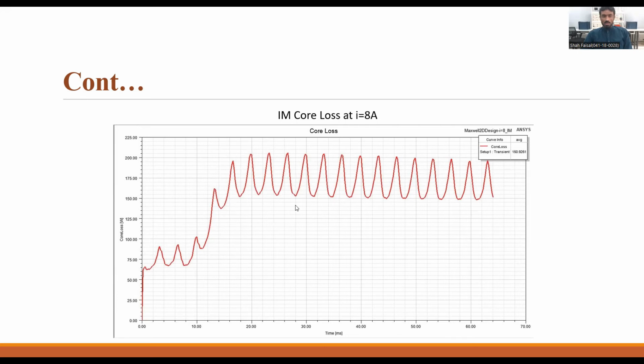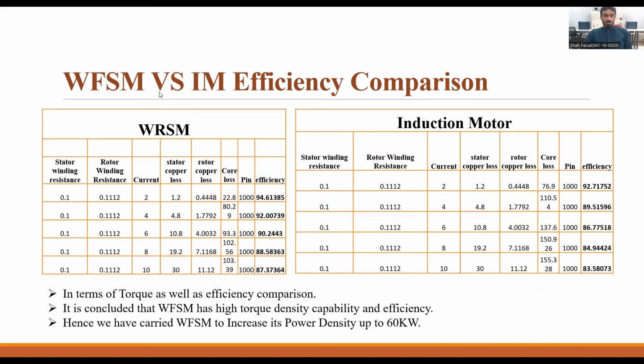The induction motor has higher losses than the wound field synchronous motor. Next, the efficiency comparison of the two motors, in terms of torque as well as efficiency. From this we concluded that the wound field synchronous motor has higher torque density, capability and efficiency.